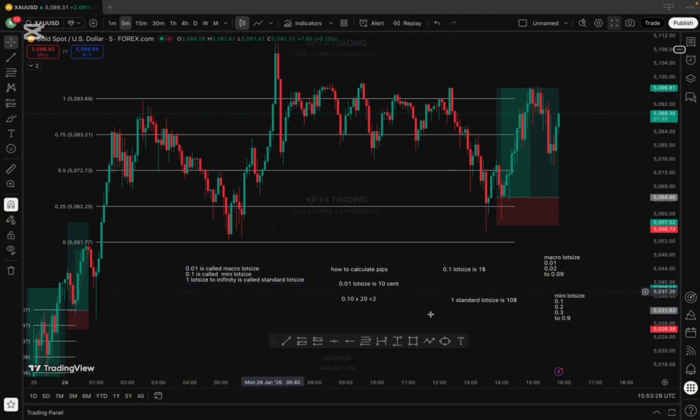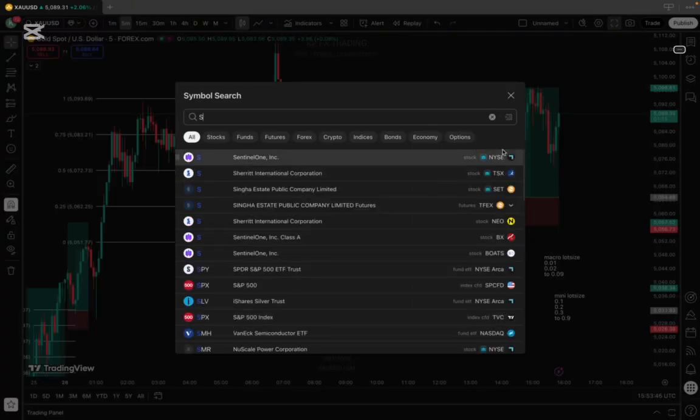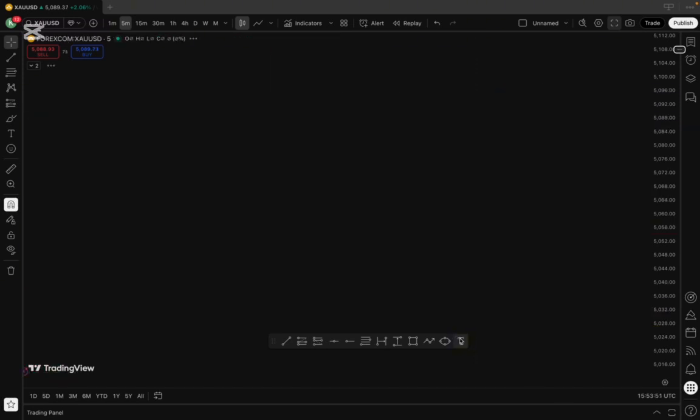The standard lot size now is 10, right? Standard, which is one lot size in trading, which is in the broker. Standard lot size is starting from 10, right? Let me just write it.